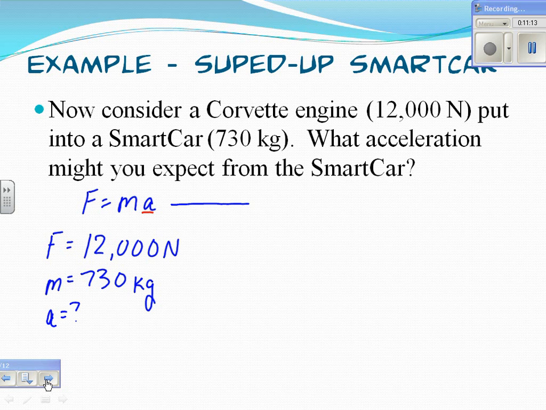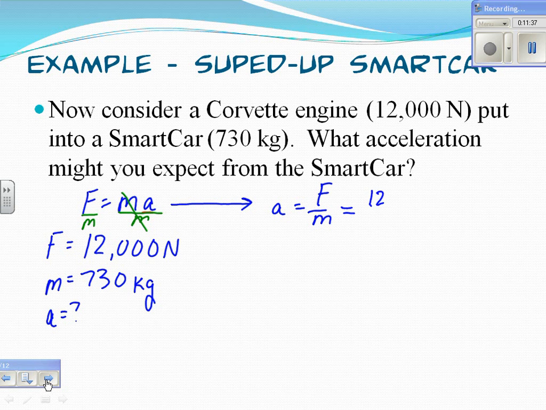So we have to rearrange our formula. To do that, I need to get rid of that m. So I'm going to divide both sides by the mass. Masses cancel, leaving just acceleration there. And it shows that acceleration is our force over our mass.